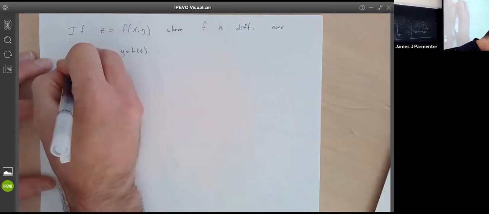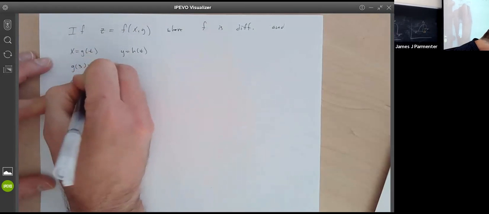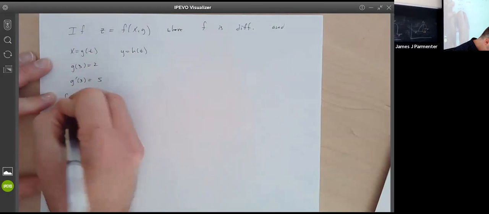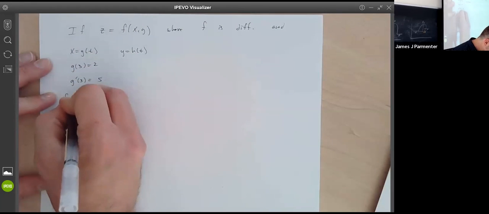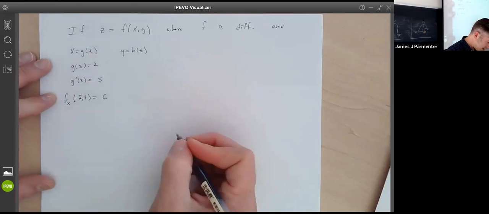We are given that g of 3 equals 2, g prime of 3 equals 5, and the partial derivative of f with respect to x evaluated at the point (2, 7) is equal to 6.